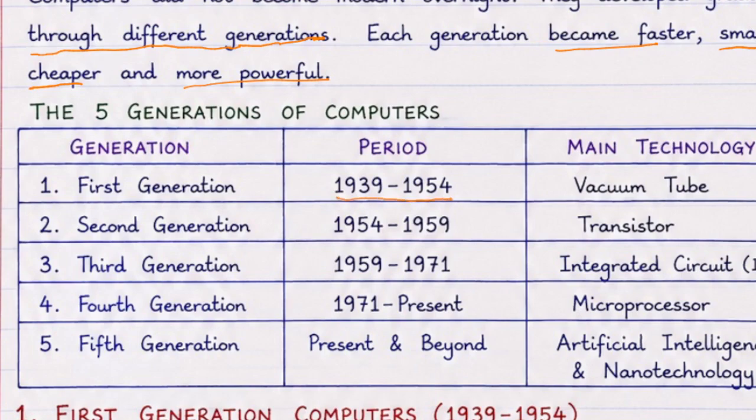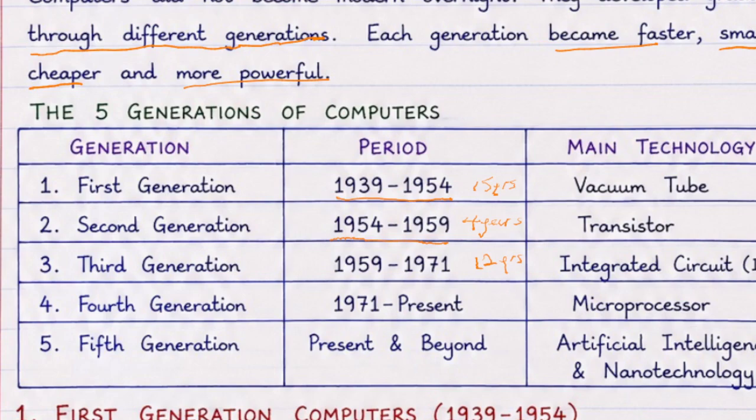Second generation, 1954 to 1959, just 4 years. Third generation is 12 years. Fourth generation, we still have it, and fifth generation is present to beyond.